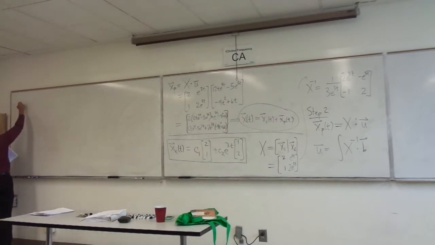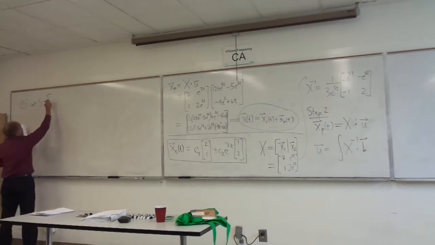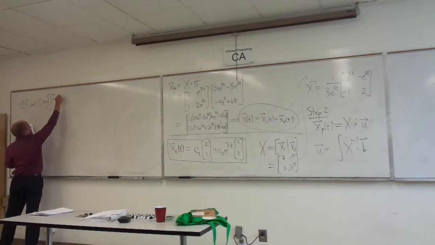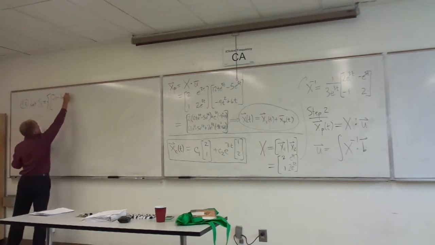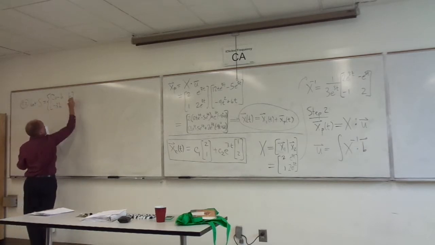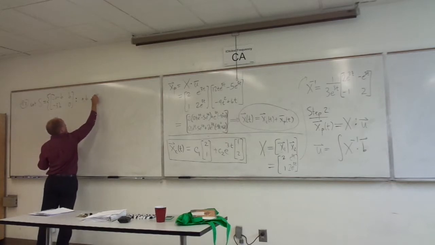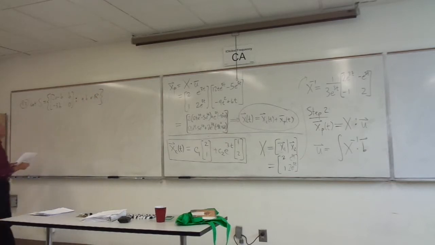So, okay, here's the second one I'm going to cover. I'm going to let S be the set of matrices 2A minus B, B, negative 3B, and 0, such that A and B are elements of the real numbers.